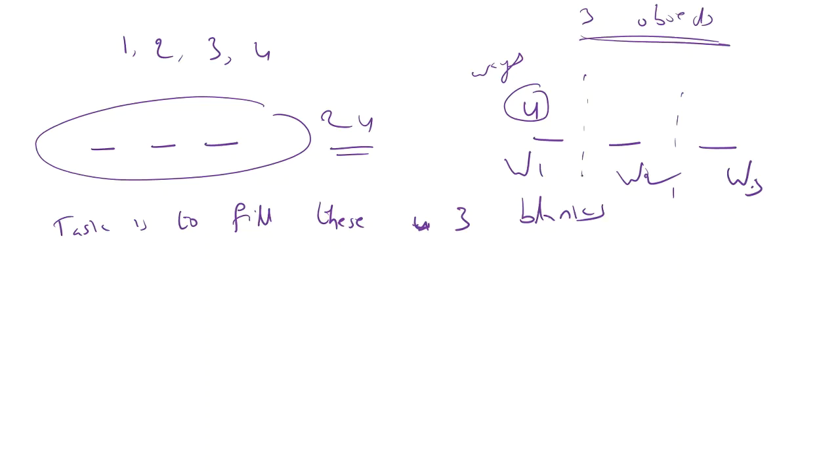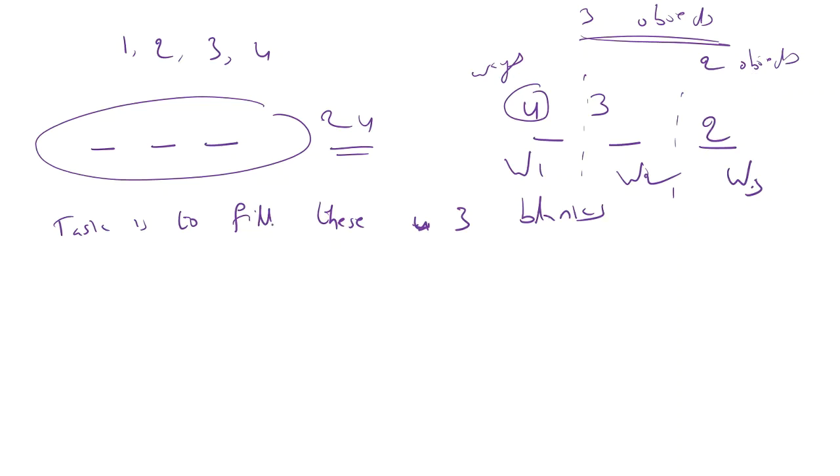Now the next thing is we have to finish the work W2. The number of ways of finishing the work W2 is the number of ways of filling this second blank, and we can fill this second blank using these 3 different objects in 3 ways. After filling the first 2 blanks with 2 objects, we will be left with 2 more objects. The total number of objects is 4. We have filled the first 2 blanks with 2 objects. Therefore, the number of objects left is 2. Now, we can fill the third blank using these 2 objects in 2 ways.